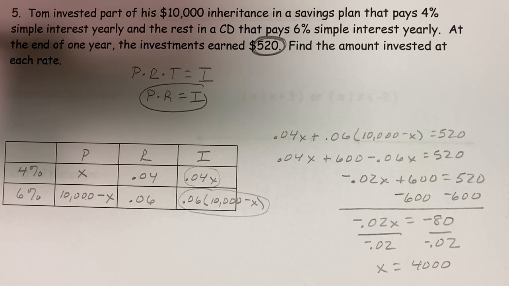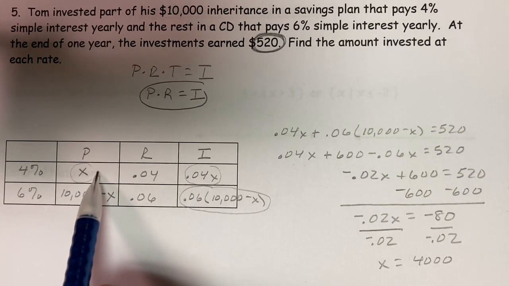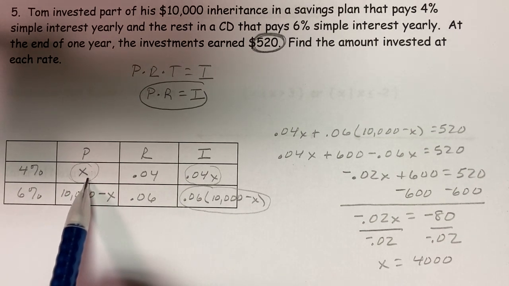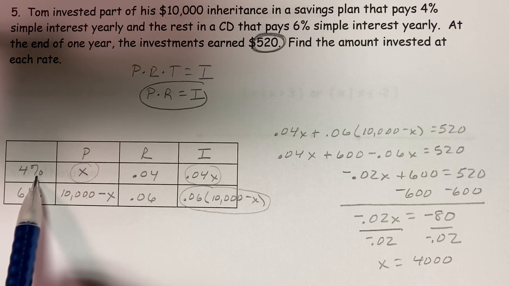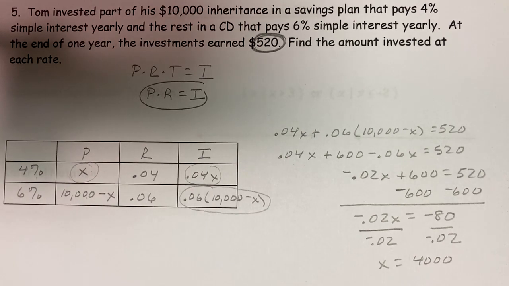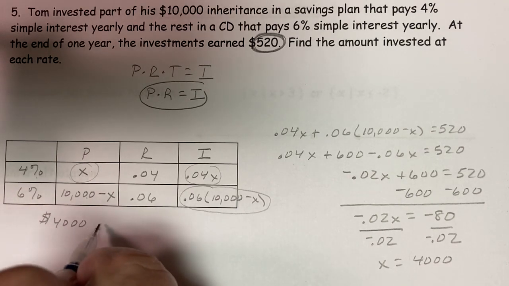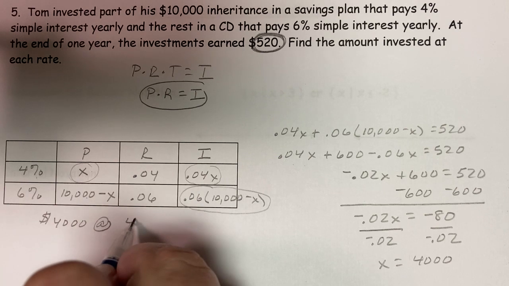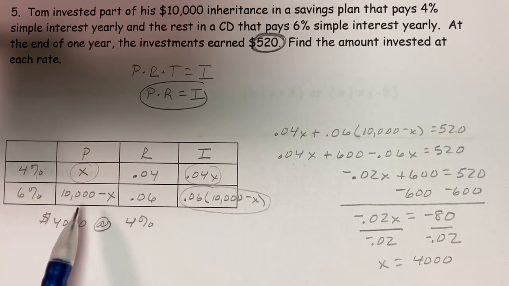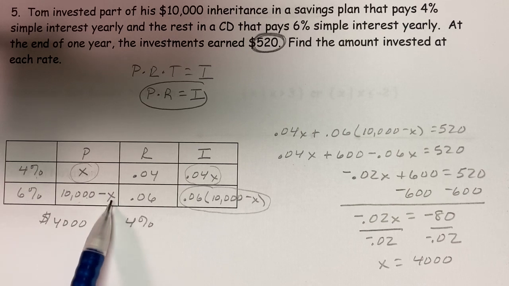So now, what did I just find? Well, where's my X in my chart? I just found that he invested $4,000 at 4%. Now our question was find the amount invested at each percent. So he invested $4,000 at 4%. And then how much did he invest in 6%? Well, it's going to be 10,000 minus 4,000.